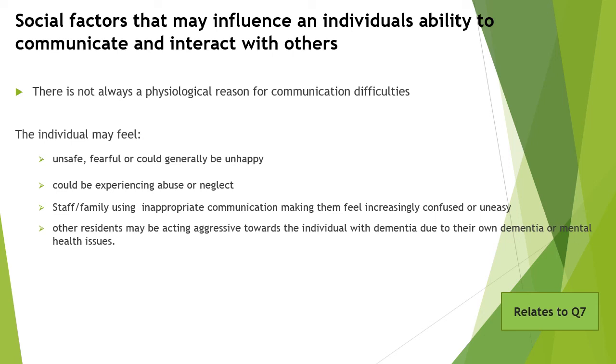They could be experiencing abuse or neglect, and staff and family using inappropriate communication may make them feel increasingly confused or uneasy. They may be in a care home with other residents, who may be acting aggressive towards the individual with dementia because they've got their own dementia or mental health issues. And these are the social factors that may influence this.